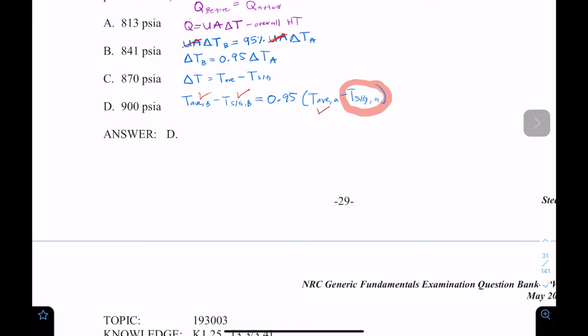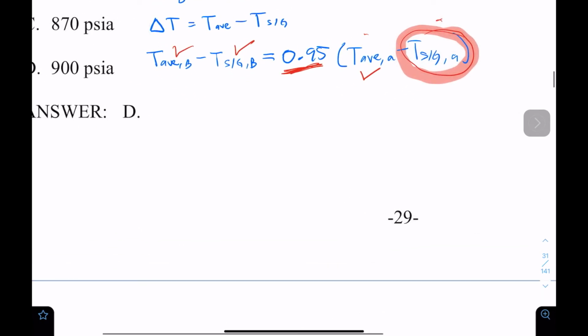So the only one that is going to be changing is this one, and this one is affecting this too. So what I'm going to do is reorganize everything here.